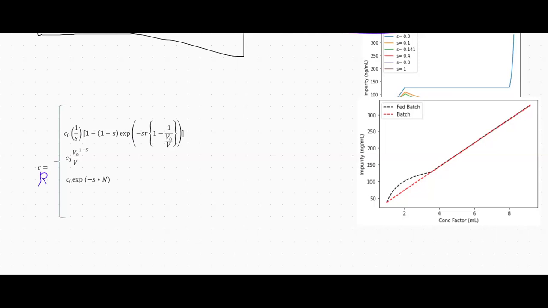And then we have a few different equations that may describe our retentate concentration depending on what we're doing. So this first one here is a fed batch concentration.